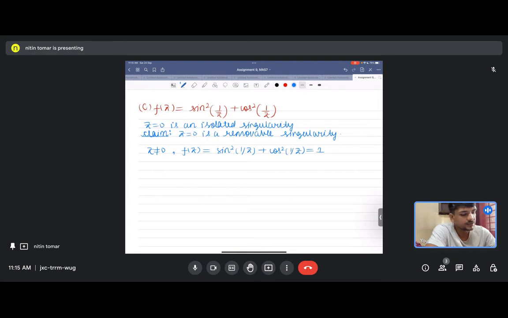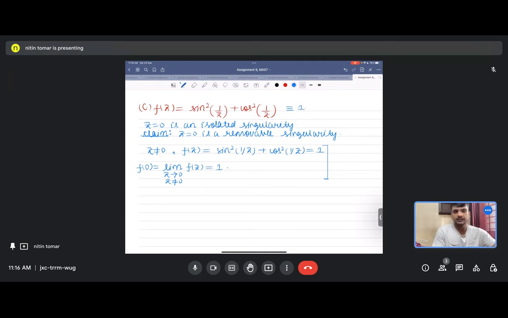So this is a constant function except at one point. What value would you want to give at 0? So f of 0 we can define as the limit as z goes to 0 of f(z), with z not equal to 0. Then it will be just 1, right? So this way it is a removable singularity. You can define the constant function 1, and that way it is a removable singularity.